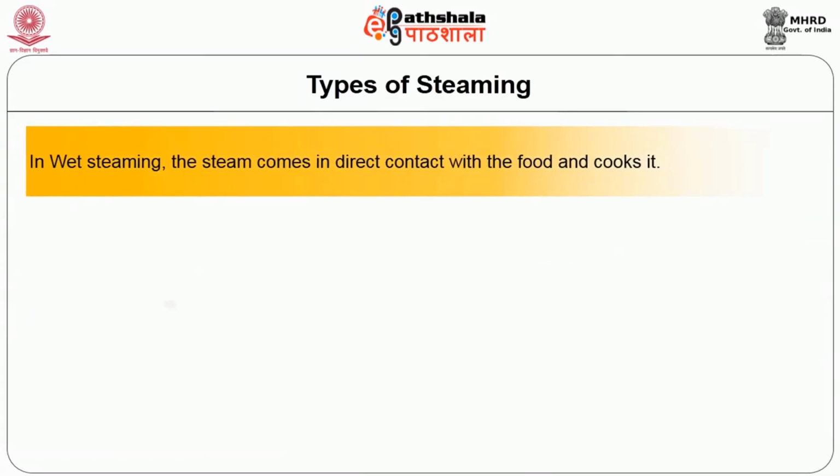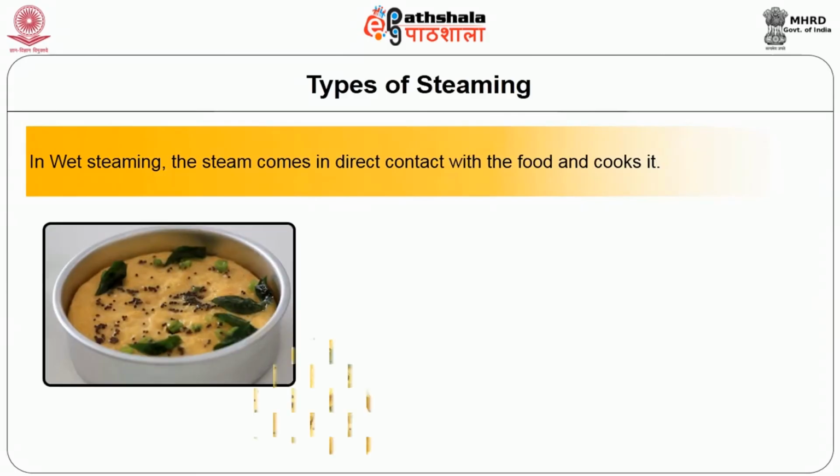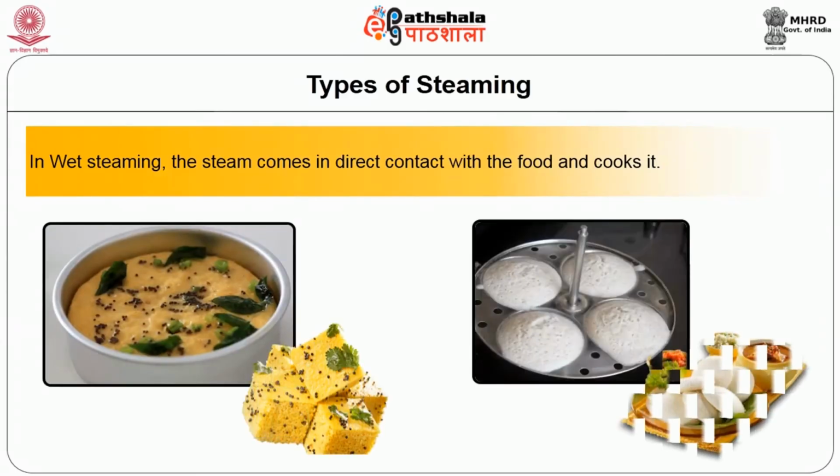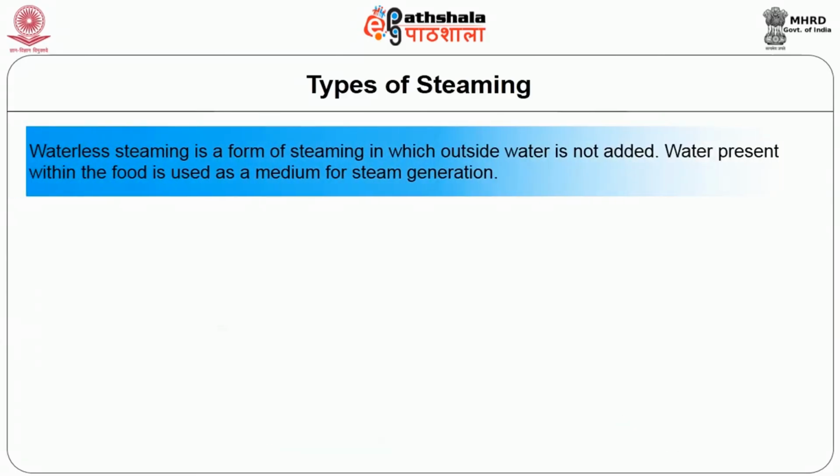In wet steaming, the steam comes in direct contact with the food and cooks it. Dhokla and idli are made this way. Waterless steaming is a form of steaming in which outside water is not added. Water present within the food is used as a medium for steam generation.